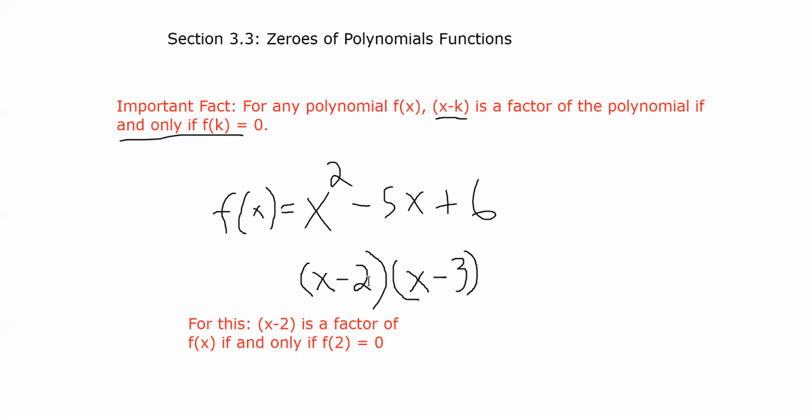If I can take this value here inside the factor, plug it into the function and get 0. That's also true for this. x minus 3 is a factor of f of x if and only if f of 3 equals 0.